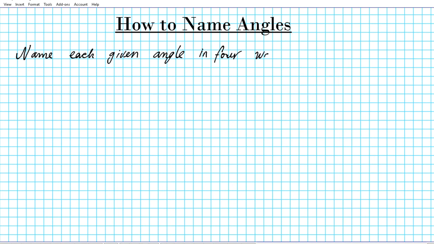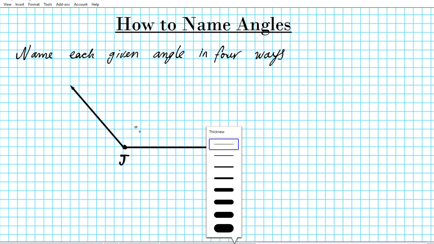Alright, so let's consider the following angle. Let's say we have an angle that looks like this. This vertex right here, let's name it J, and it also has 3 on the inside.